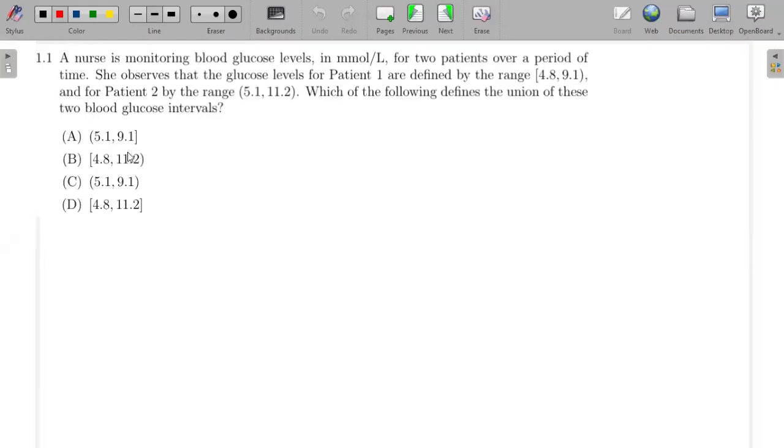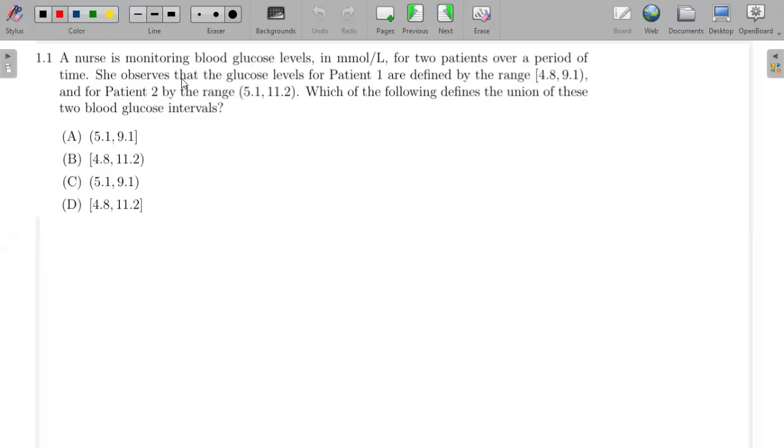The first question says a nurse is monitoring blood glucose levels in millimoles per liter for two patients over a period of time.